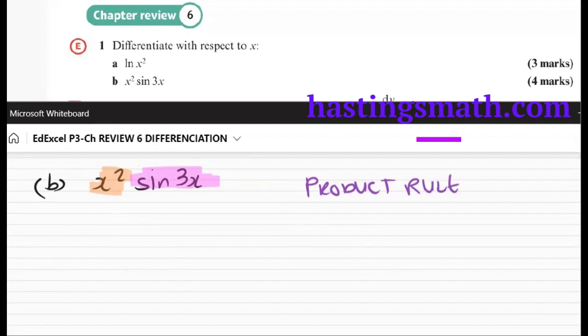So the product rule: u dash v plus v dash u, where u is one of the functions and v is the other function. So we could call this one u and this one v. And obviously u dash is the first derivative of u and v dash is the first derivative of v.